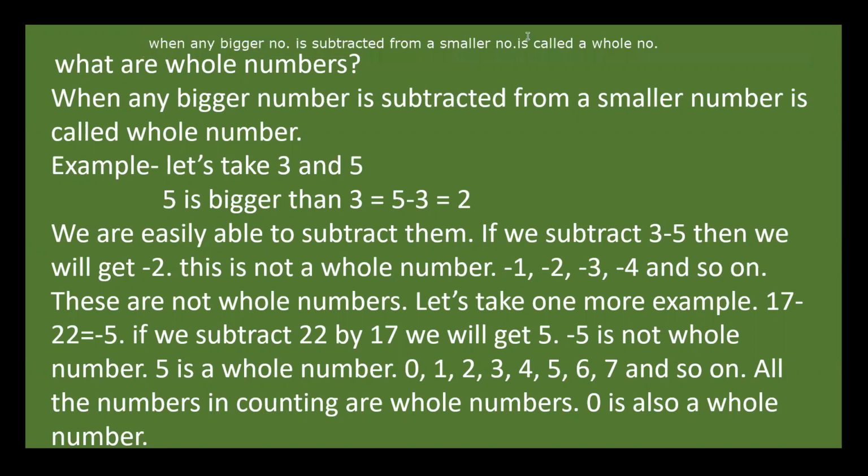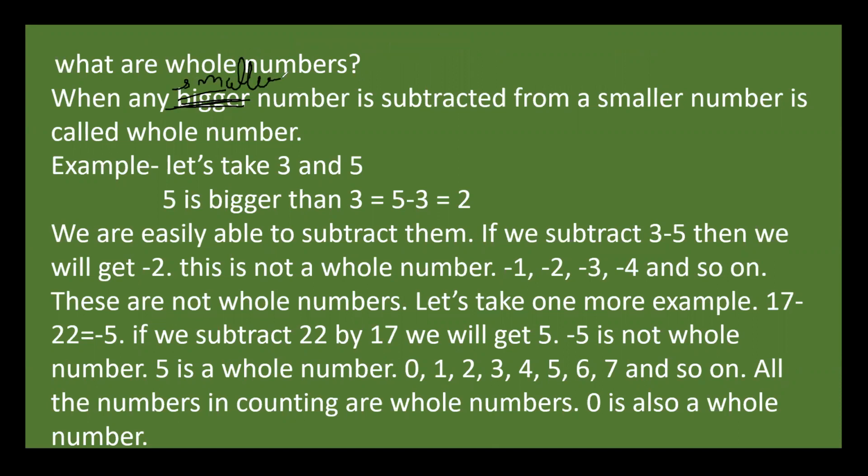I hope you can see this. See, here it is written: when any bigger number is subtracted from a... sorry, I have written it again. I made the mistake because of this sentence, so just forget about this word bigger. It is smaller here.